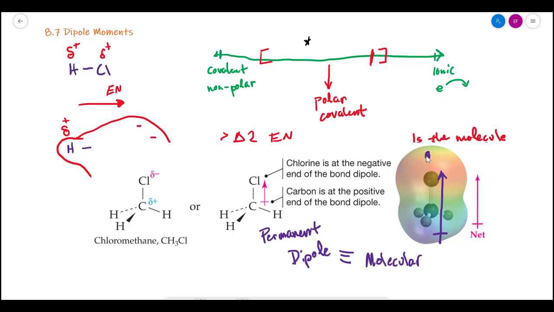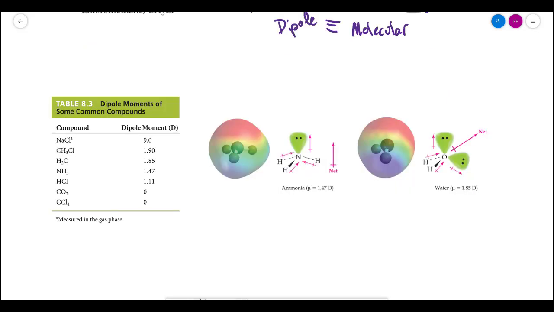This has huge implications, and we may get to this in chapter 11, where we talk about how molecules with similar polarities tend to dissolve in other molecules with similar polarities. And that's what we use as a principle for solubility, is based on what molecules have permanent dipoles.